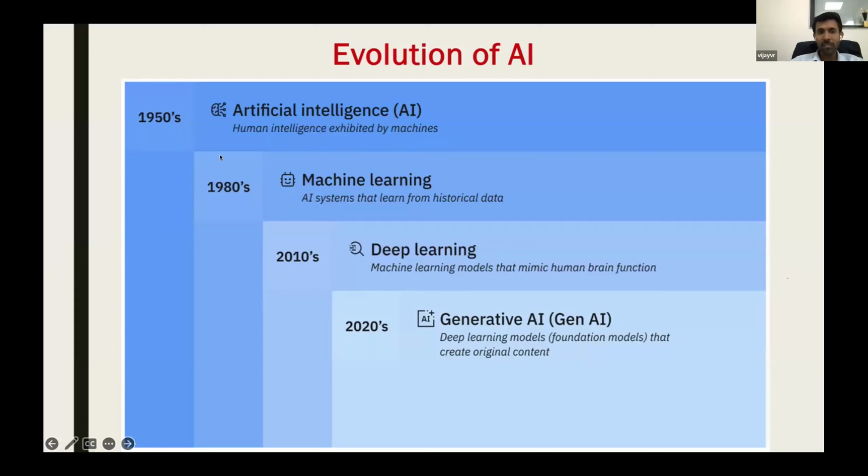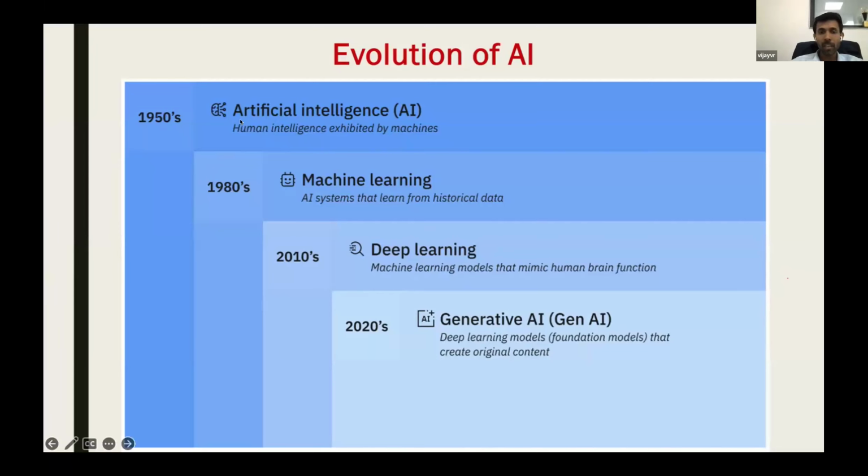When the concept of artificial intelligence first came, it was simply human intelligence exhibited by machines. The question was, can we make machines which can act like human beings? From that concept, the entire evolution of AI transformed until now we are at the place of generative AI.